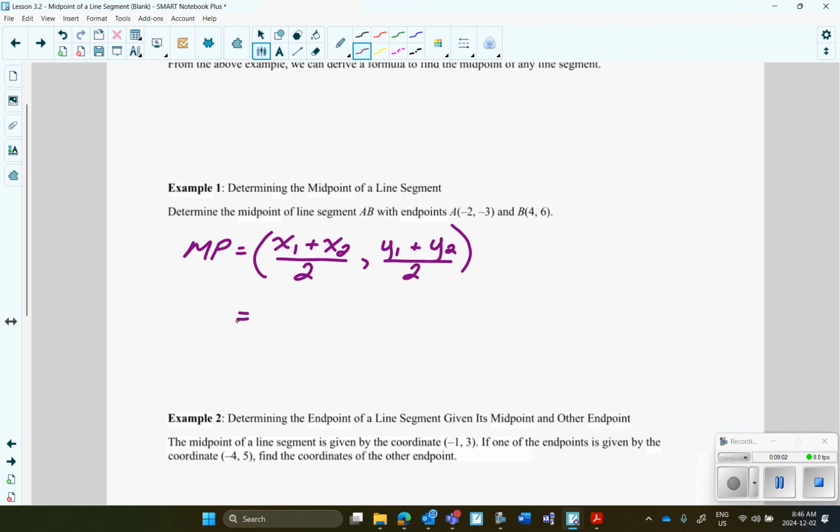So what would I be adding for the x's? -2 plus 4, and then I'm going to divide by 2. And for the y's, and divide by 2. And simplifying the answer, what is -2 plus 4 divided by 2?